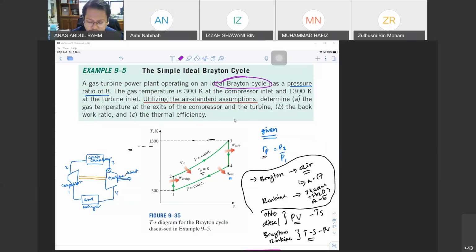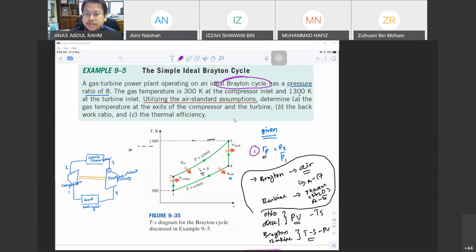We have a pressure ratio of 8. Write down the first information given: Rp is P2 divided by P1. Then the gas temperature is 300 Kelvin at the compressor inlet, and 1300 K at the turbine inlet.